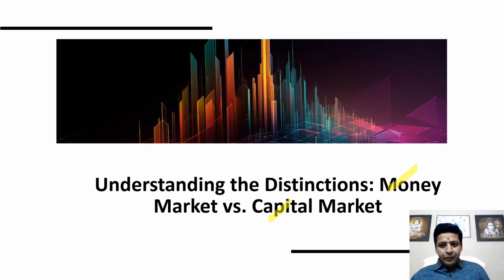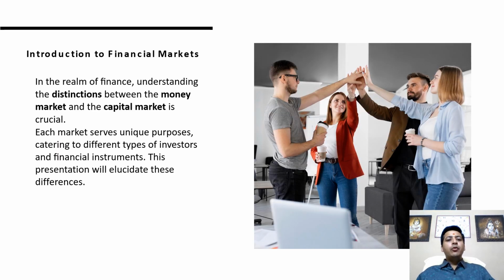Both are different, and both their functions are also different. First we have to understand the introduction to financial markets, a very important aspect. In the realm of finance, understanding the distinction between money market and capital market is crucial. People think money market and capital market are the same. Actually they are not. Both are different.